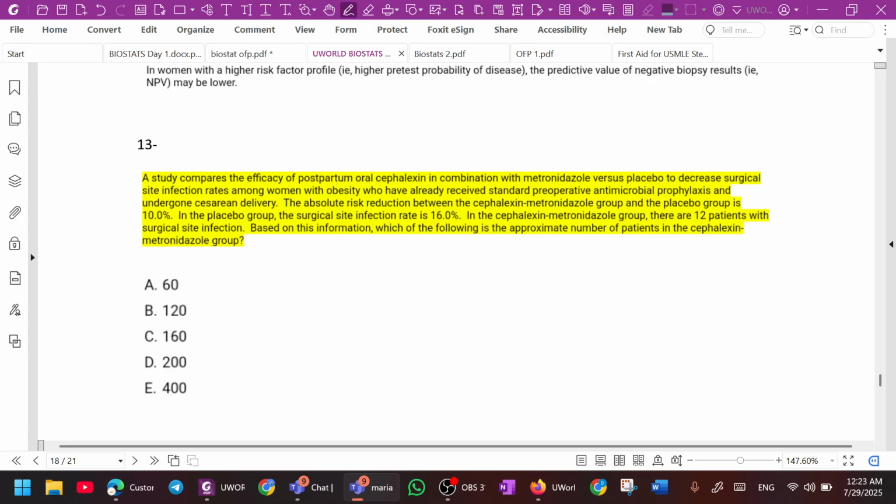So the RRR would be this over the 100 and the 6.